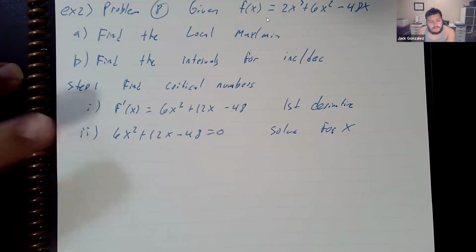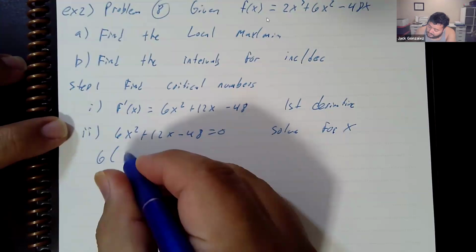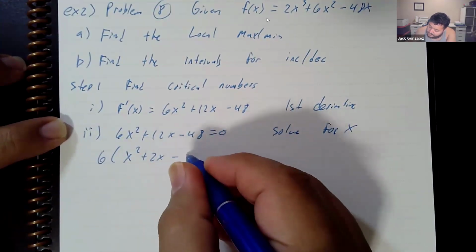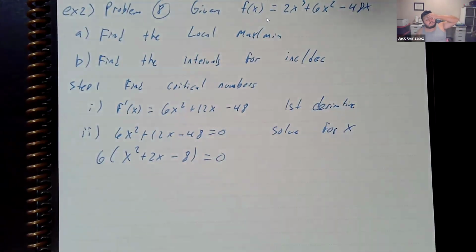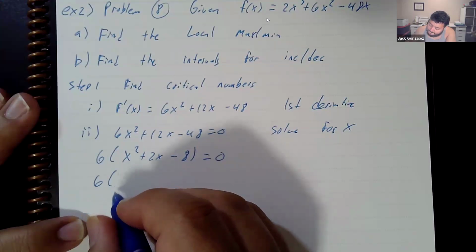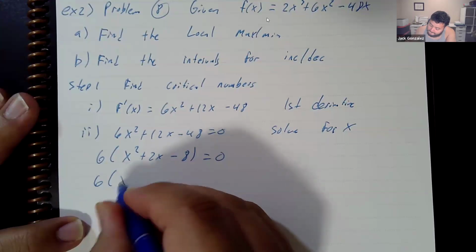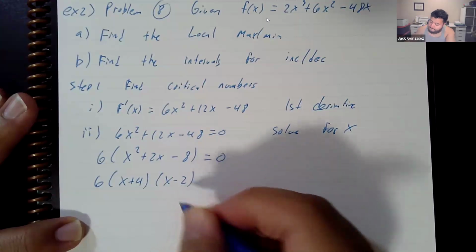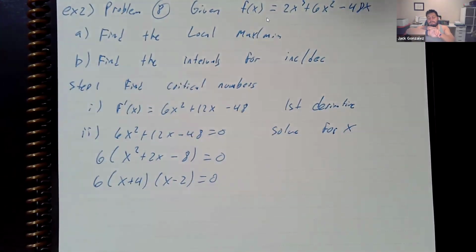All right. So factoring, they all have a 6 in common. So we'll get x squared plus 2x minus 8, right? Factor your trinomial. If you forgot how to do that, let me know. That will be what? Okay.